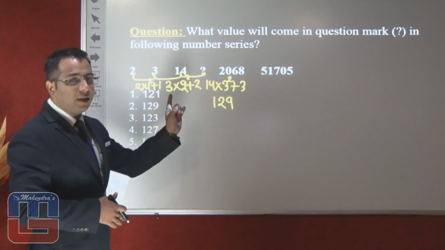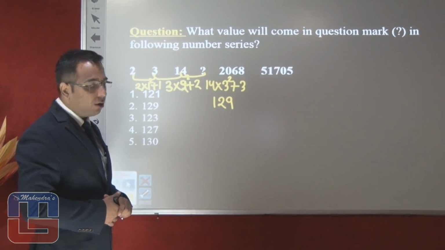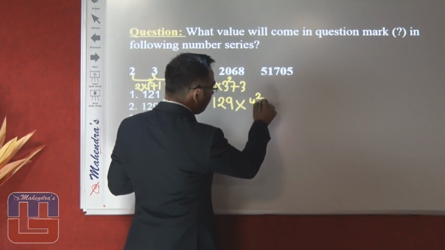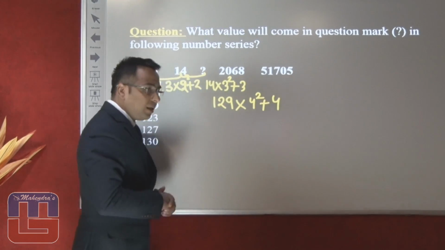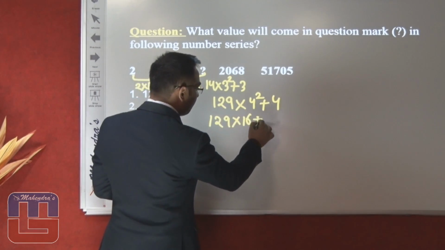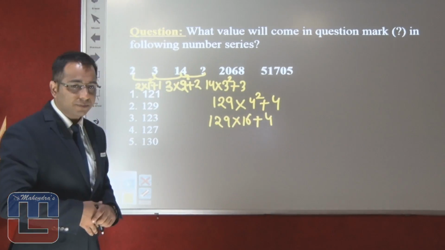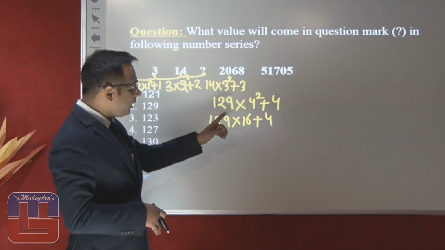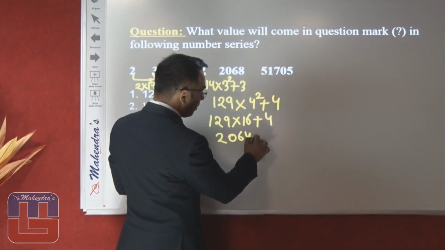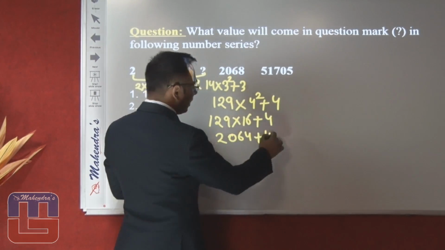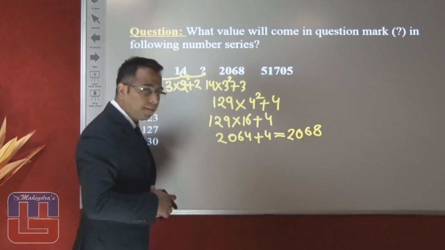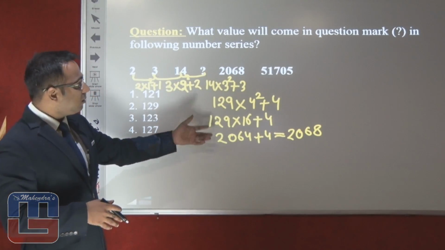If it is true, then the condition should follow a step further also. Now we have to multiply it with 4 square plus 4. That means 129 into 16 plus 4. 129 into 16 will give us 2064, plus 4, that gives us 2068, and we get the answer.